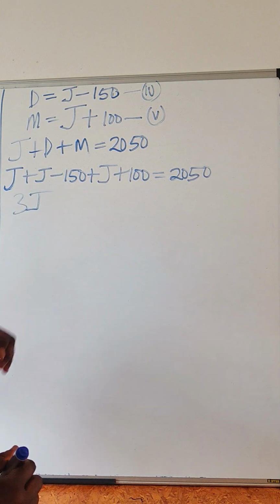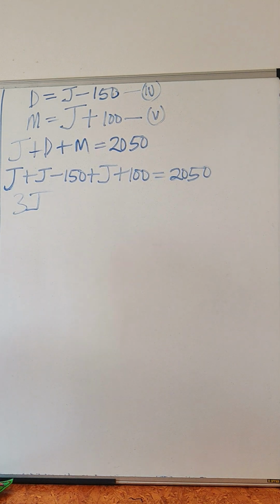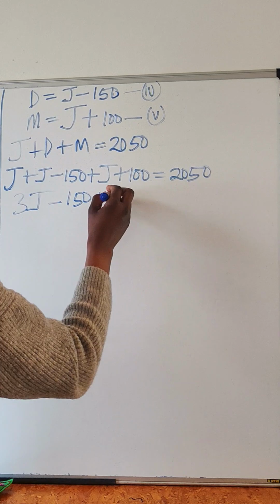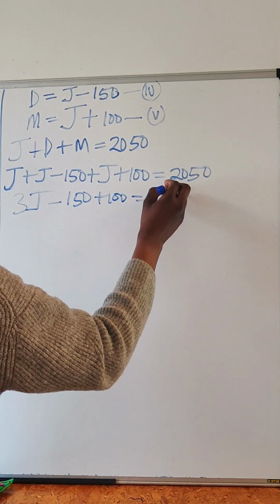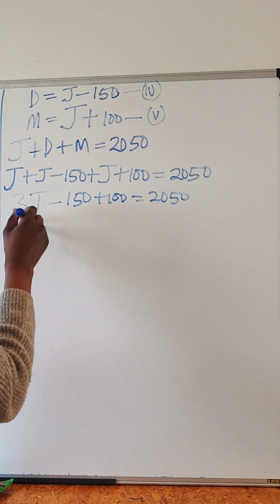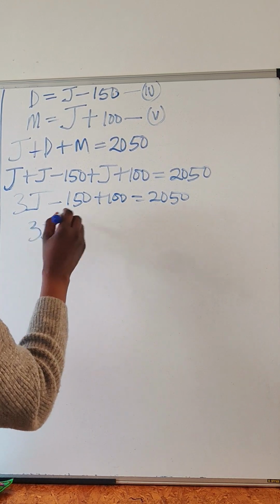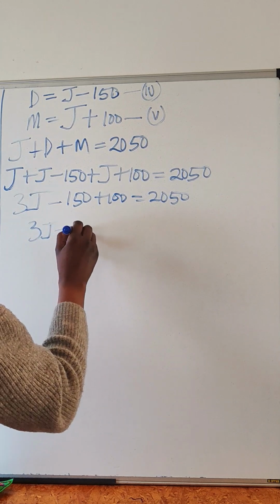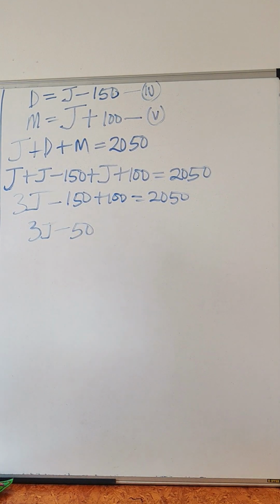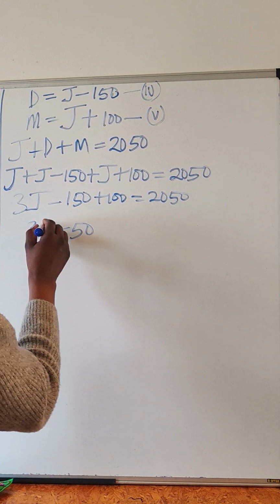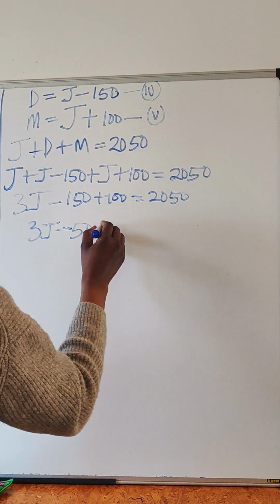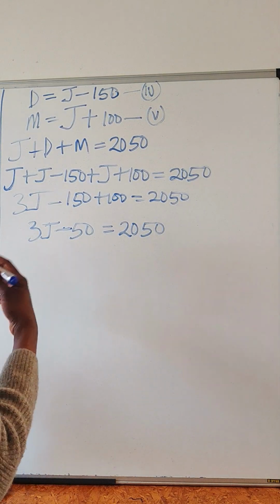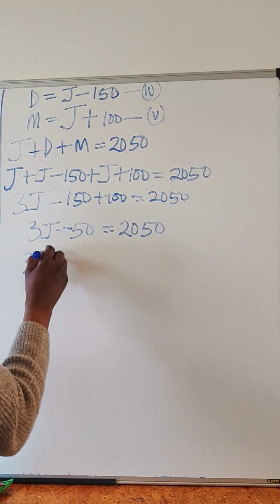Then minus 150 plus 100 gives us minus 50. So we have 3J minus 50 equals 2050.